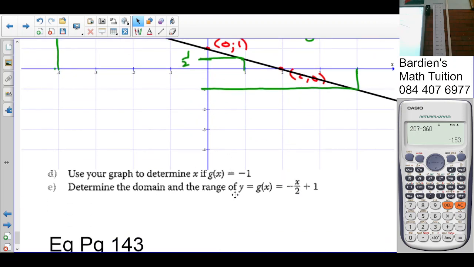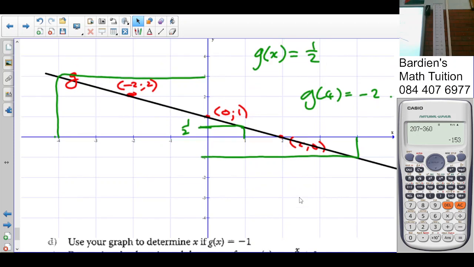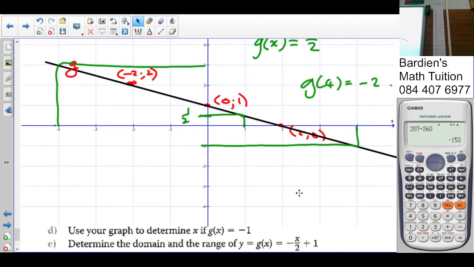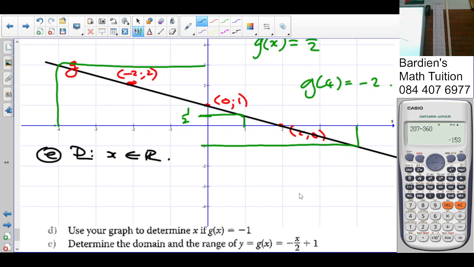Determine the domain and the range of g of x equals minus x over 2 plus 1. So if you look at the domain, what is domain, people? Domain is all possible x values. This graph goes all the way to negative infinity and positive infinity. So for that we say that your domain will be x is an element of all the real numbers. So all the values for x will exist on this graph. You guys understand? What is the range?